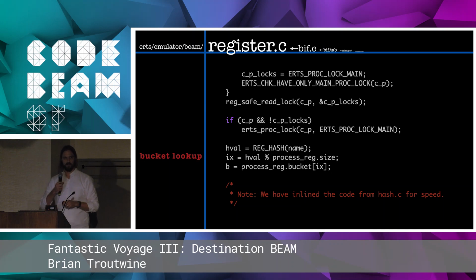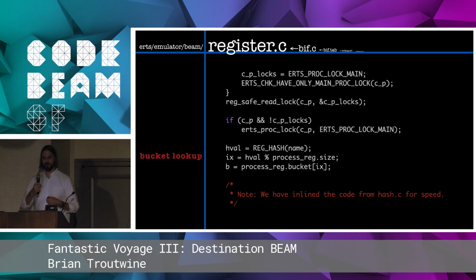So what this implies is that the Erlang name hash map is a bucketing hash map, protected by locks, which is not reflected here. That's actually up at the top of this function. So if you are reading a name, if you are looking one up, you only need to take a read lock. If you are writing a name or registering a name, you have to take a read-write lock.